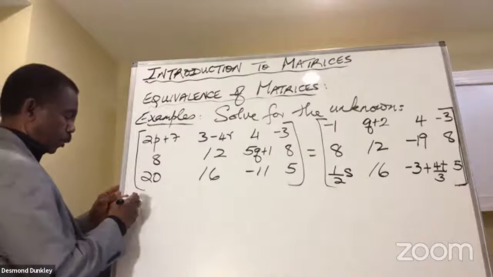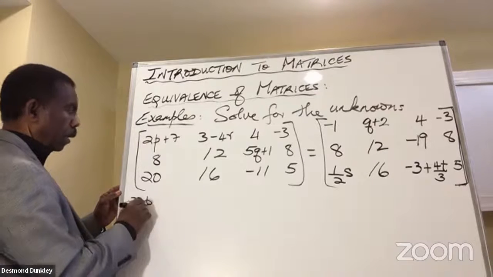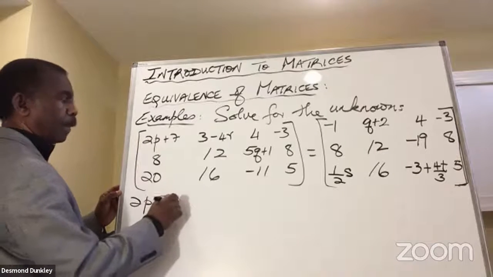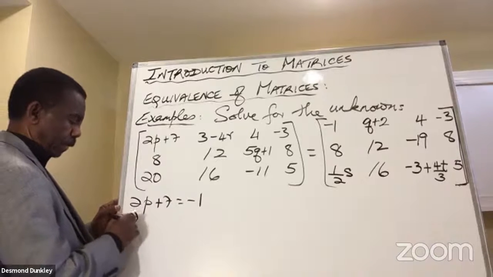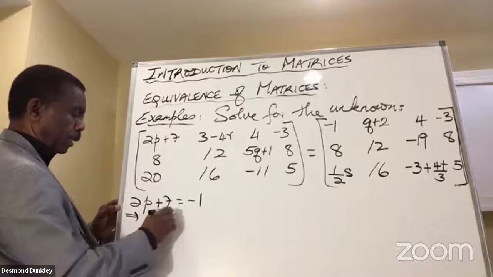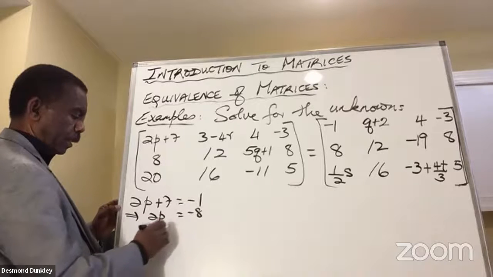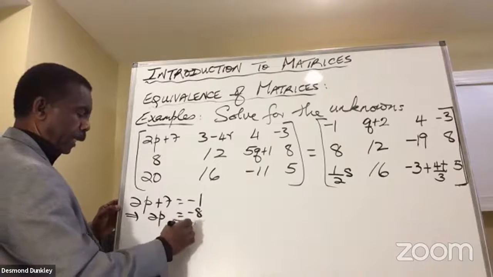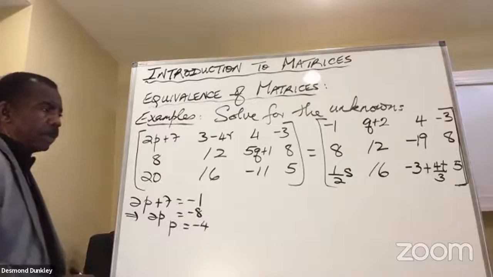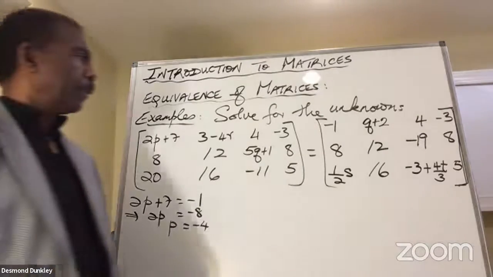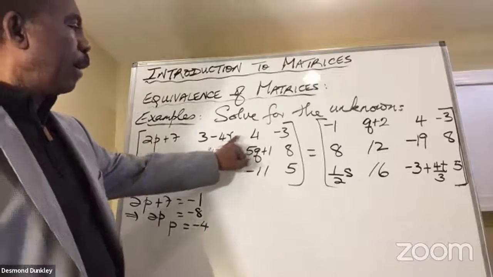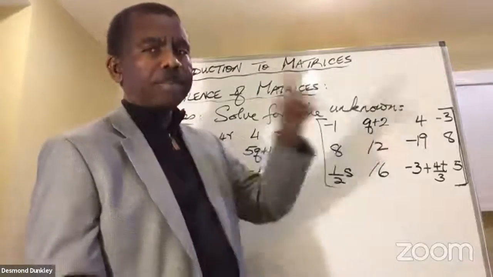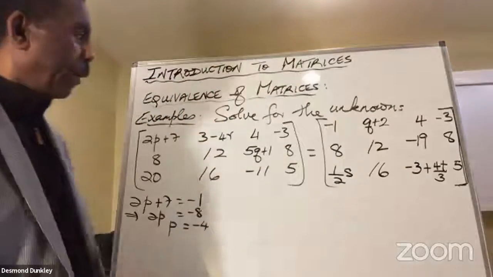So 2P plus 7 equal to -1, which implies that 2P is equal to -8, therefore P is equal to -4. So one down, okay? But this entry here, we have a R, we also have a Q. So we're not gonna touch that yet, leave that alone.